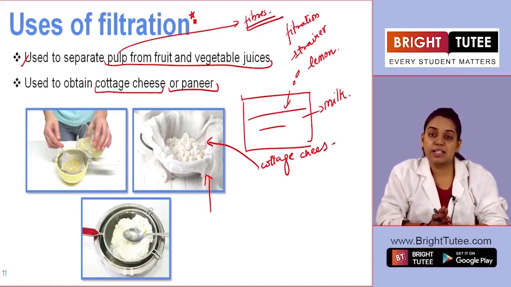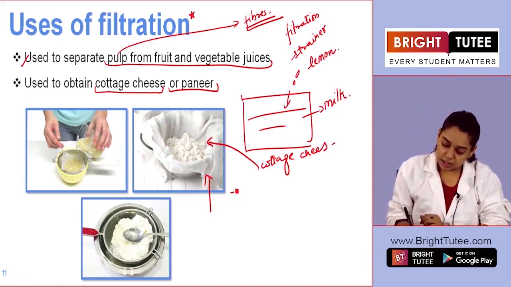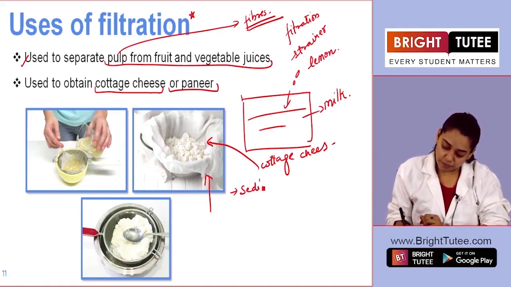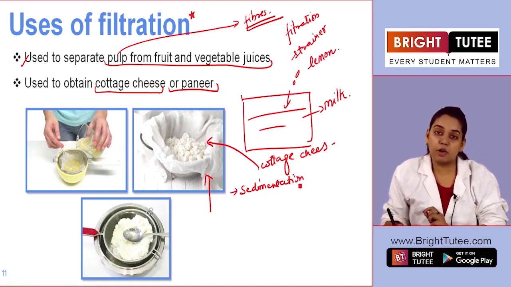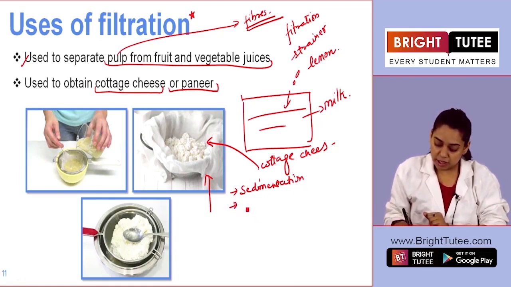So students, in this session we have discussed sedimentation. And what was sedimentation? Sedimentation means settling down of undissolved particles such as soil in water. Then we have discussed decantation.